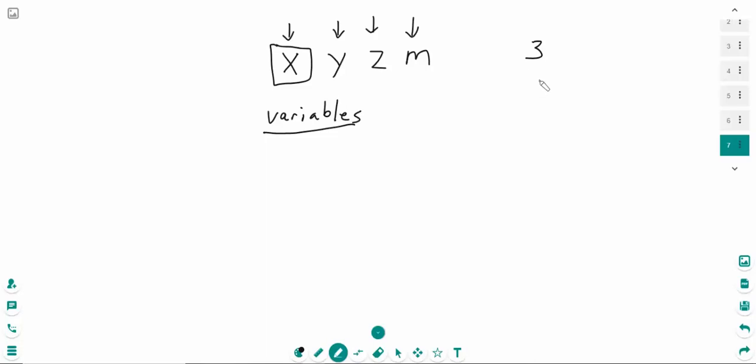It's always a 3. That's not going to change depending on the problem. Variables, though, do change from problem to problem. And that's why they're called variables. Variable varies. It changes. That's what the word varies means. So just a quick note on why we call them variables.